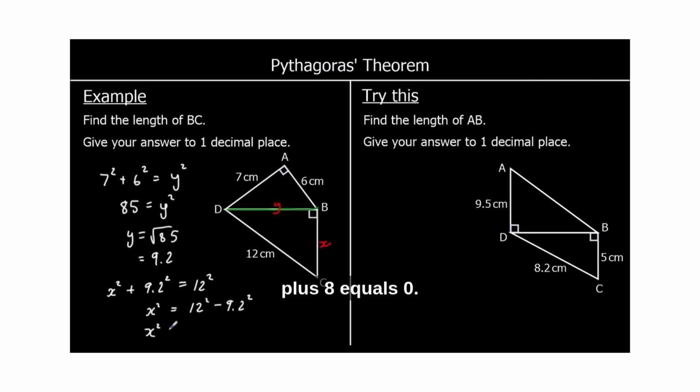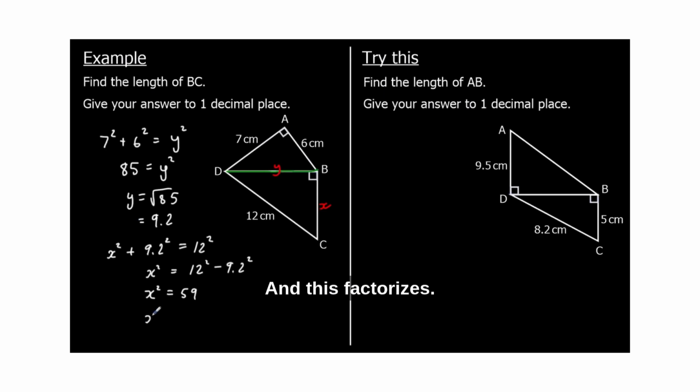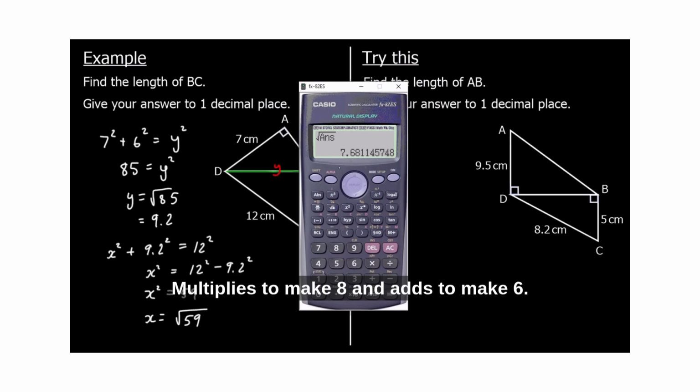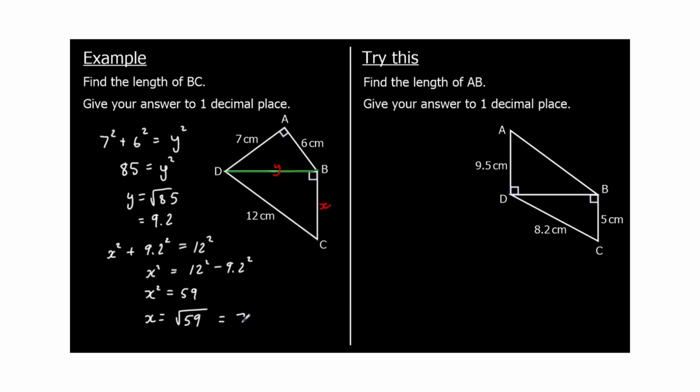So x squared is 59. To get x by itself, we square root both sides. So the square root of the answer is, to 1 decimal place, 7.7. So that's 7.7 centimeters to 1 decimal place.